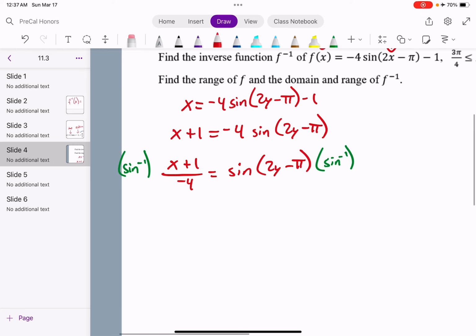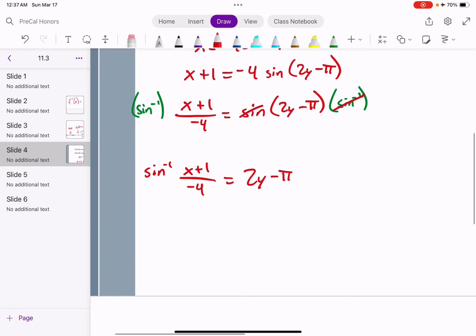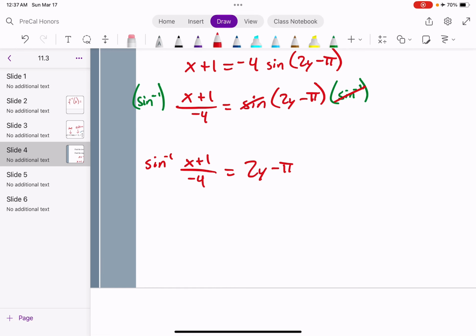This will leave you with inverse sine of x plus 1 over negative 4 is equal to 2y minus pi. Our next step would be to add pi to both sides. So we have inverse sine of x plus 1 over negative 4, plus pi, is equal to 2y.